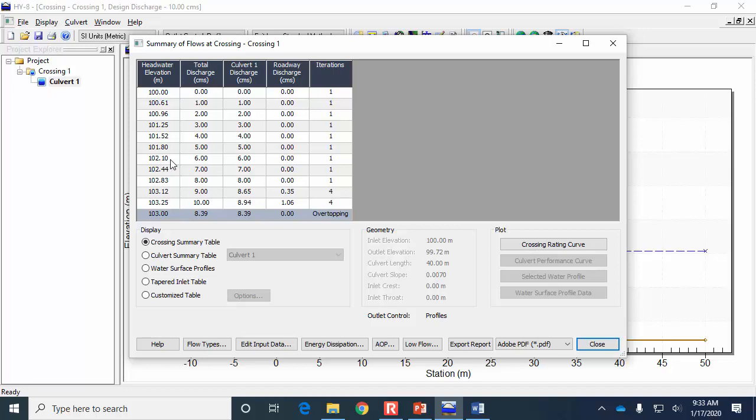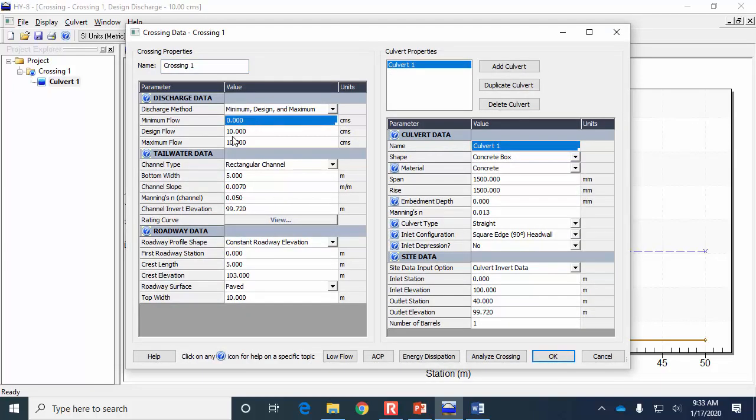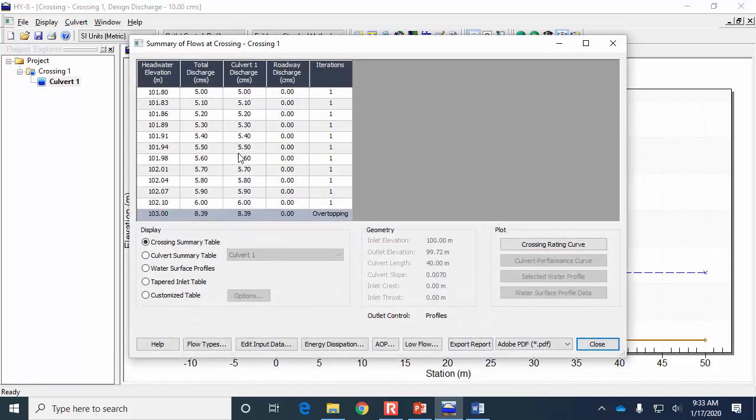I could do my own linear interpolation, but the behavior isn't exactly linear, so it's better to zoom in by changing that to 5 and that to 6, and reanalyze the crossing.